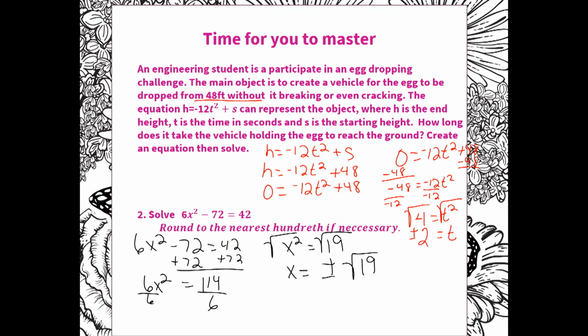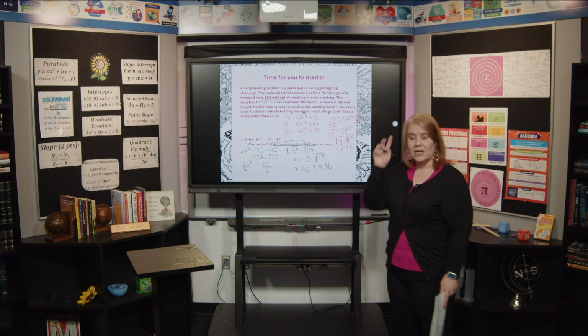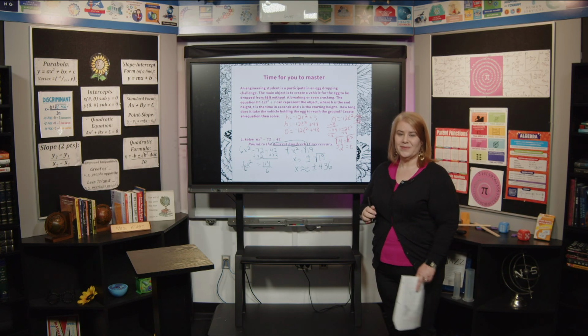Let's everybody put the square root of 19 in your calculator and see what we get. We get a big long number. But this problem tells me how to write this big long number. x is approximately plus or minus 4.36 because I rounded it to the nearest hundredth, meaning 2 decimal places. All right, we got it?